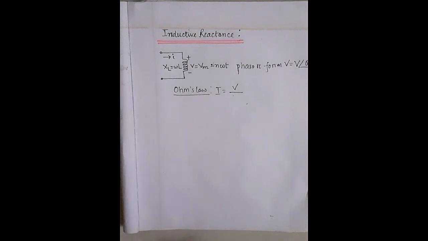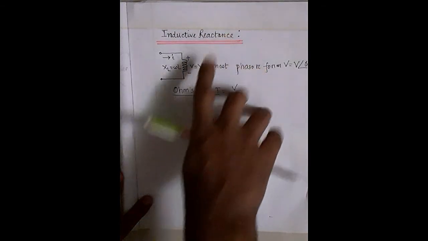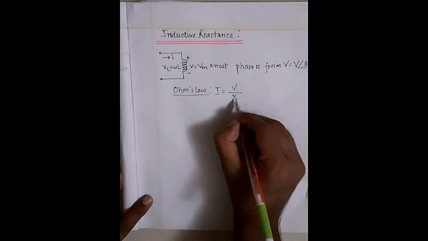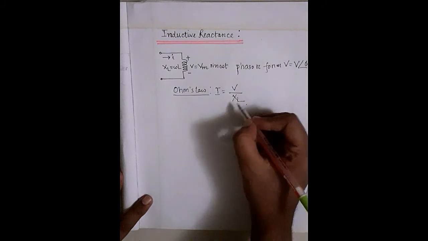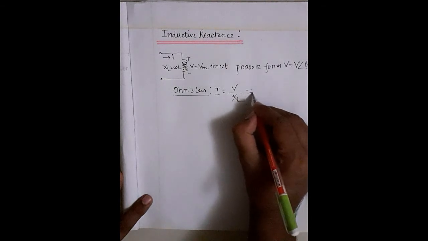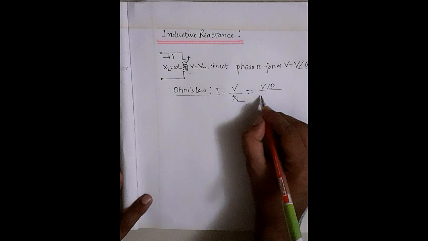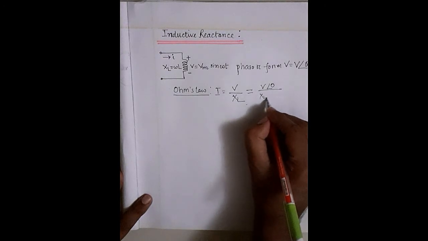In this case, it shouldn't be the resistance. It will be the reactance, right? It is an inductive circuit. Due to that, we need to write down XL. Instead of writing down R, we are writing down X of L. So the value of V in this case is V of angle 0, and the value of XL is XL.